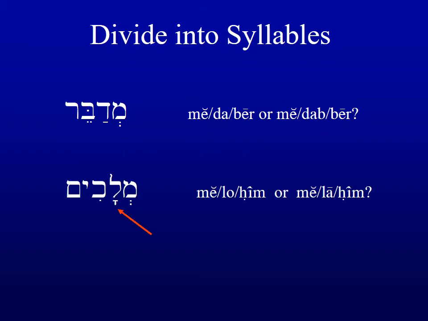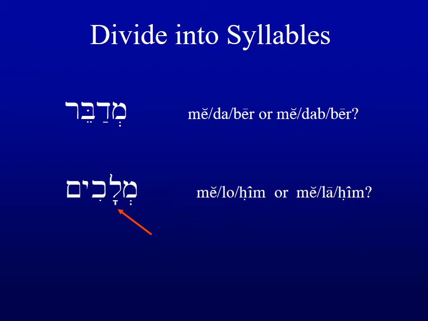Here we have an ambiguous vowel. As you remember, this could either be a kametz hatuf, that would be melochim, or it could be a kametz and long a, melachim.